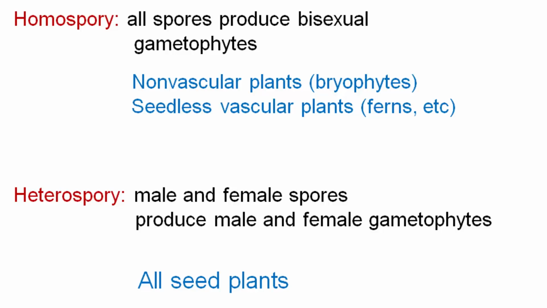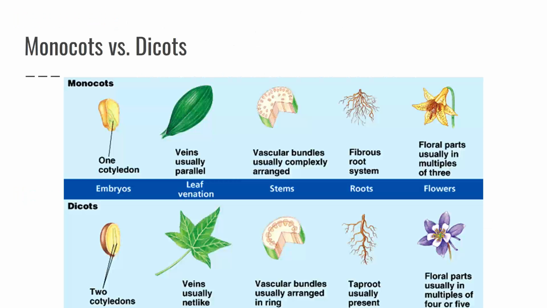Homospory, heterospory, we already talked about. Monocots versus dicots, we didn't get into this in class yet. We'll get into it on Friday. So if you want a sneak peek at it, or you want to get ahead on some of the memorization, the monocots have all of these characteristics, and the dicots have those.